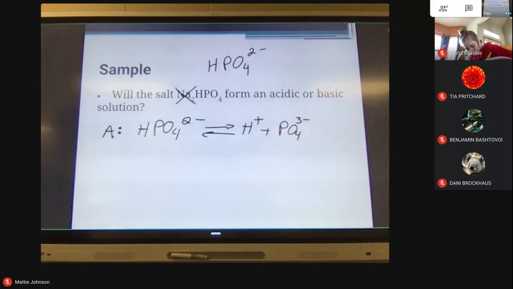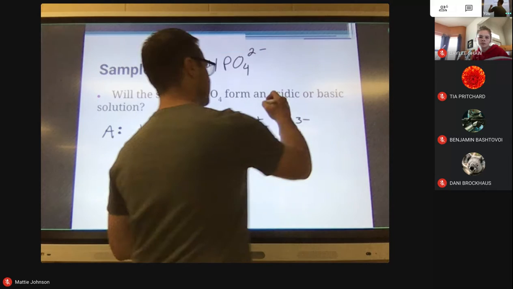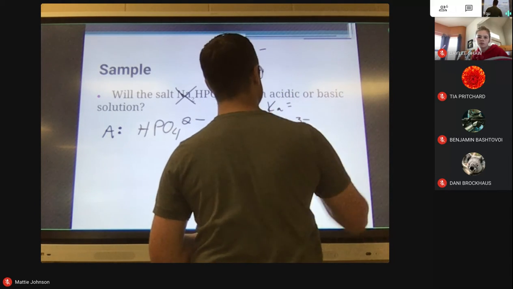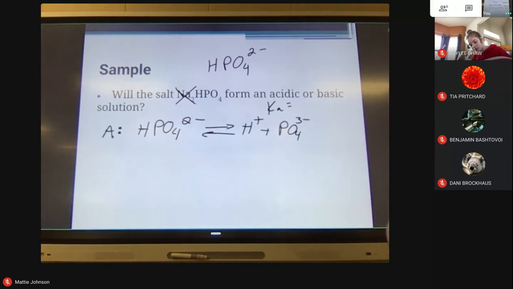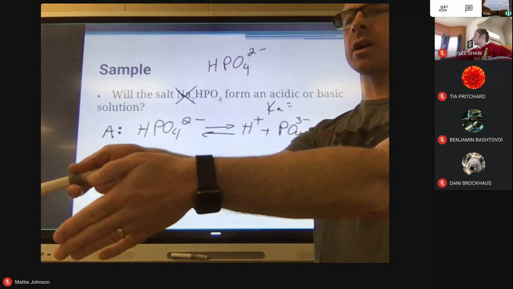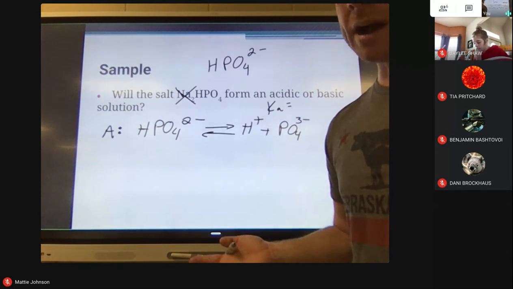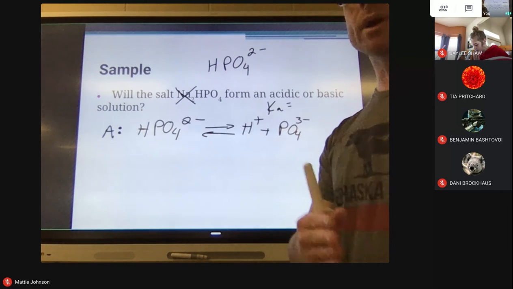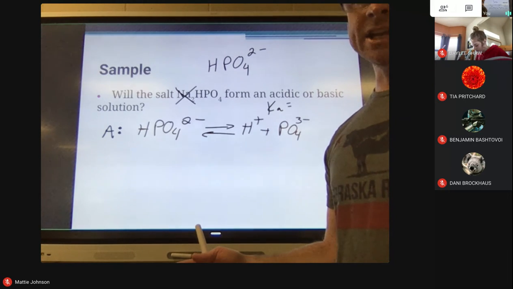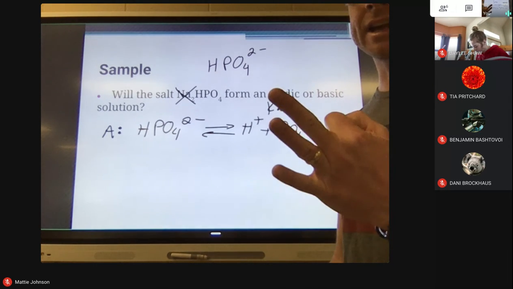Okay. Now, what we have to do, because this is an acid, is we have to figure out what the Ka of this one is. So I'm going to give you guys a minute to look at the chart. And here's the problem. This is what's tough about this, is that you have to find and pick the correct Ka. H3PO4 has 3 Kas.